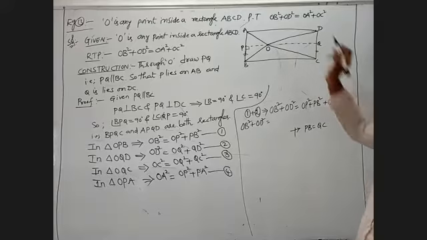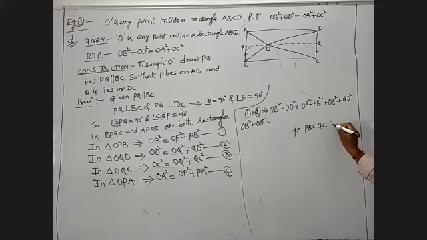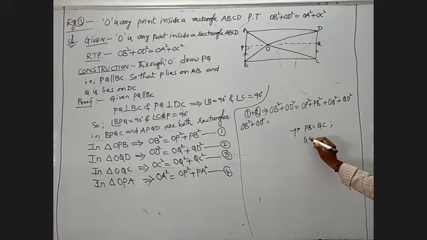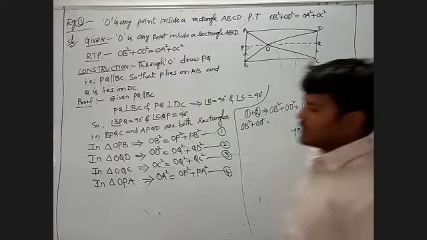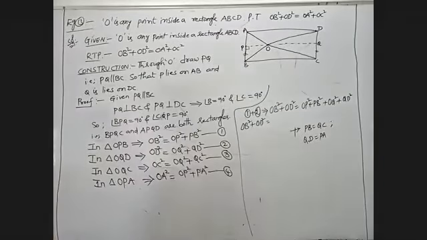After, QD is equal to PA. So PB is equal to QC, as well as QD is equal to PA, right? That means PB is equal to CQ, as well as DQ is equal to AP.